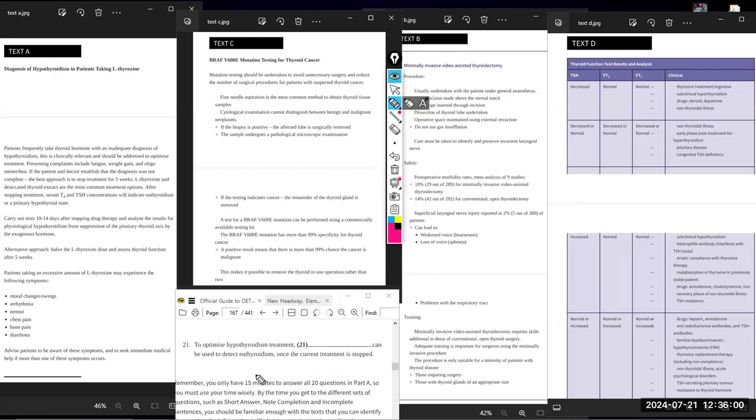To optimize hypothyroidism treatment, what can be used to detect euthyroidism once the current treatment is stopped?